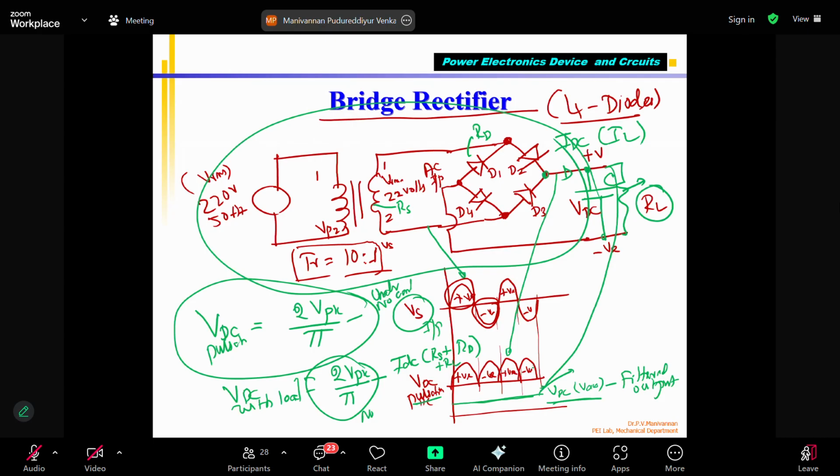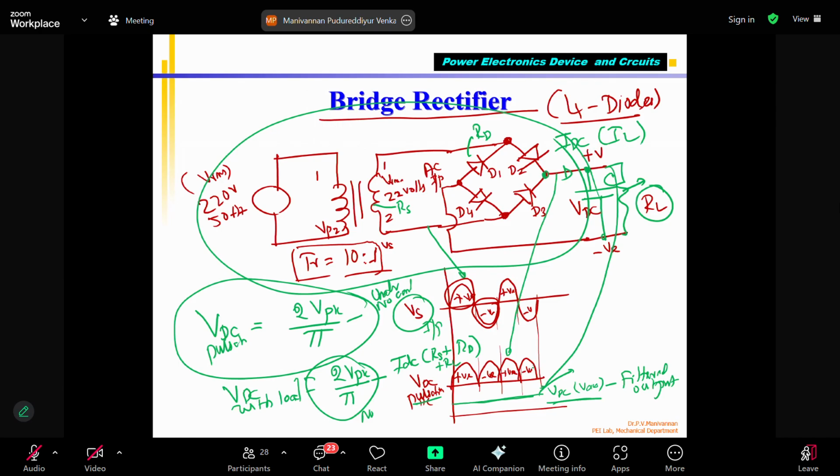Tomorrow we'll see other rectifiers, which are called 3-phase rectifiers: 3-phase half-wave rectifier and full-wave rectifier. After that, we will see SCRs, thyristors, which can be used for converting AC voltage to DC voltage, similar to a diode. It is called silicon controlled rectifier, SCR.